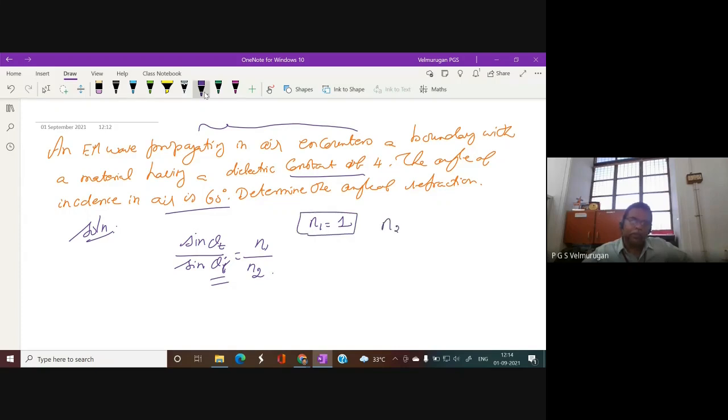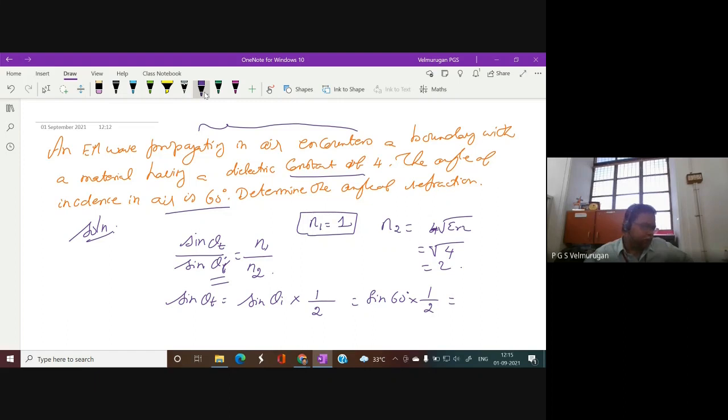And n2 is the square root of epsilon r2, which is square root of 4, equal to 2. So sine theta t is equal to sine theta i into n1 by n2, so sine 60 degrees into 1 over 2.